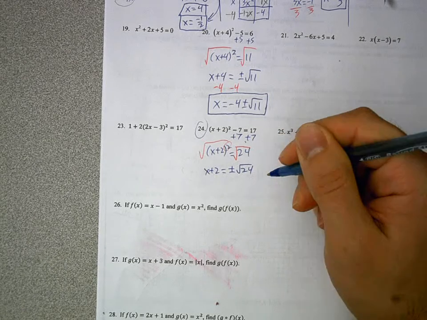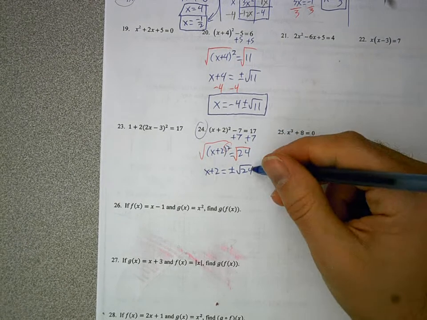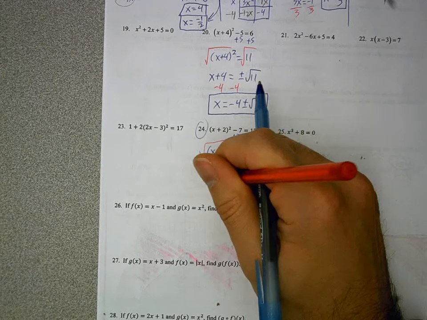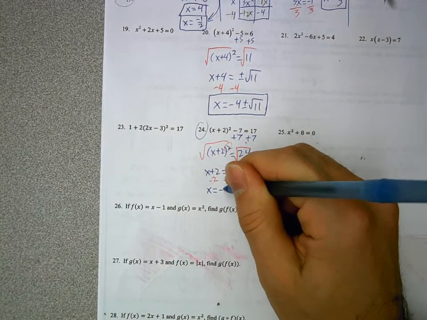Then we've got two options as far as what you do next. Let's save the simplifying of the square root of 24 for just a moment and let's get the x by itself. So that last step then, Caitlin, what's the last step here to get x by itself? Subtract 2 from both sides. So that leaves us with x is equal to negative 2 plus or minus the square root of 24.